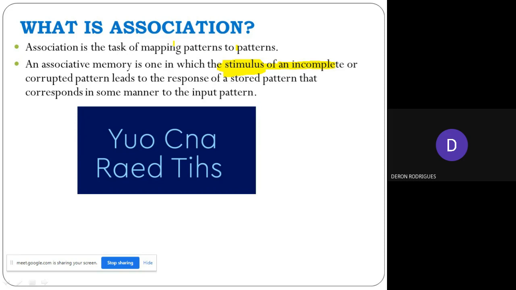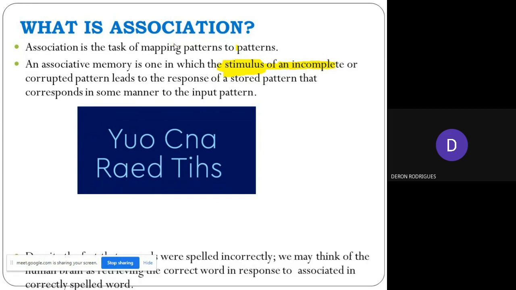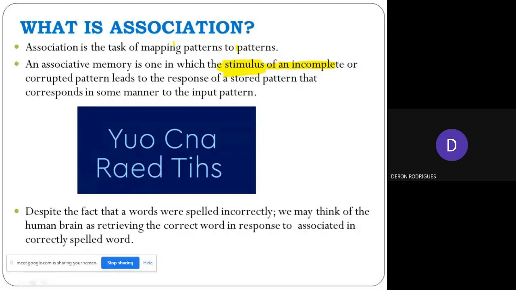So association is, in this case, whenever an input is given, you are trying to associate it with something which is stored in your brain. Despite the fact that the words were wrongly spelled here, our brain was able to retrieve the correct word in response to the associated input.